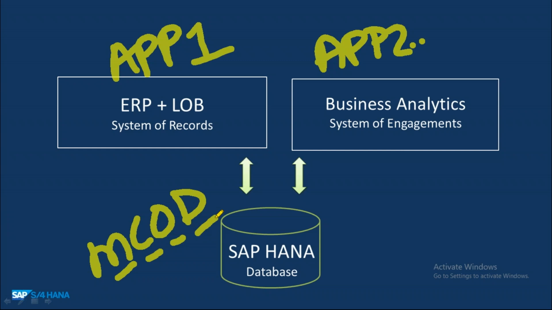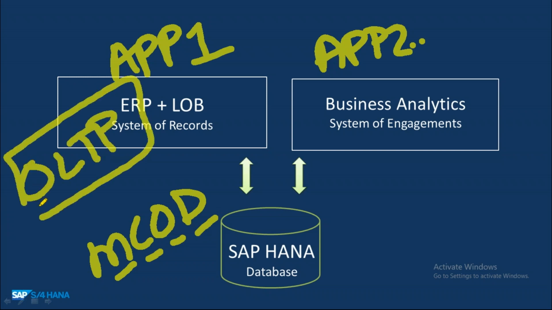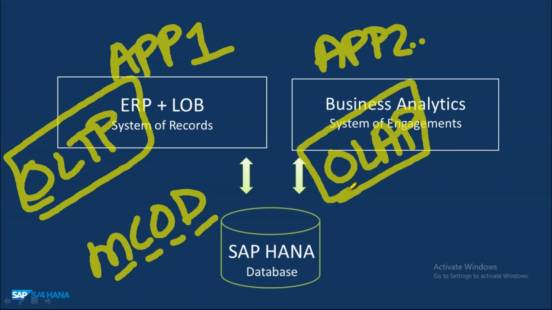Of course, the HANA system has to be a particular size. It has certain installation guidelines in order to support MCOD, because there will be a humongous amount of data throughput expected from both the OLTP system, the online transactional processing system, ERP, and the OLAP, online analytical processing for analytics.